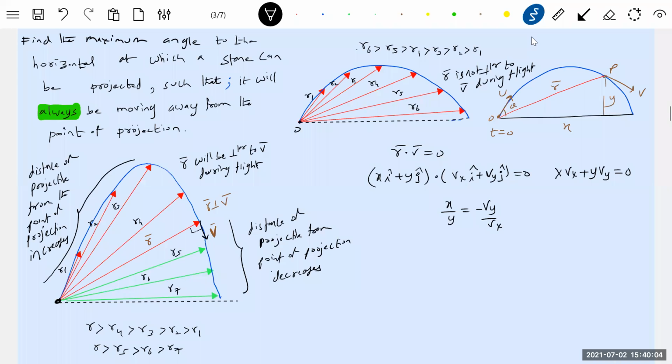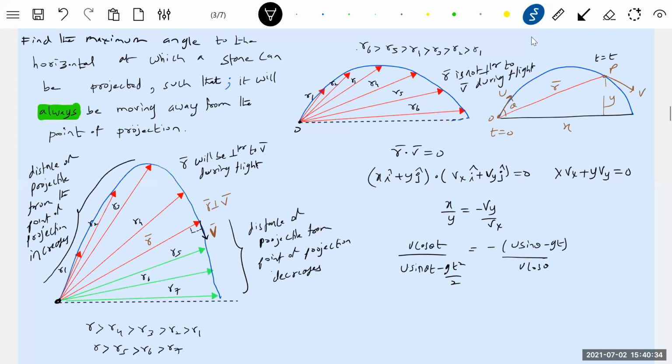Let's substitute. x is u cos theta t. y is u sin theta t minus gt square by 2. vy will become u sin theta minus gt. vx will be u cos theta.